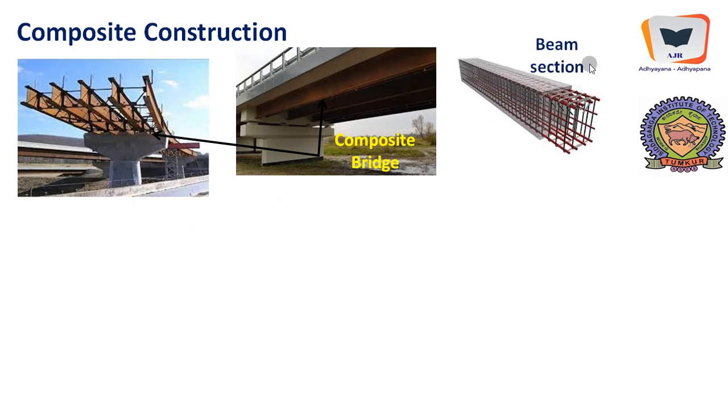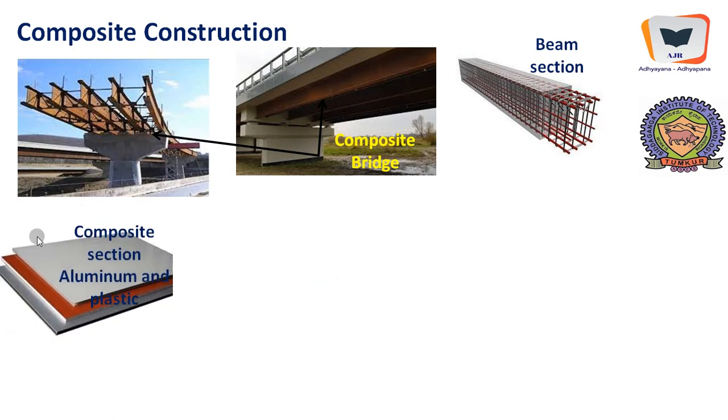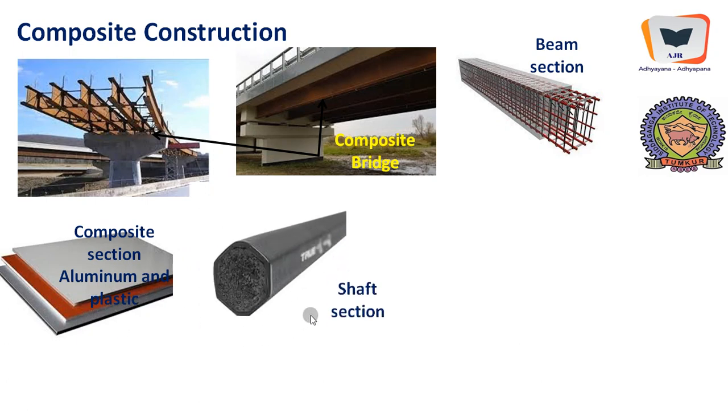And this is a very simple example of a composite section, and this is steel reinforcement which will be taking shear as well as the tension owing to bending, and the concrete portion will take a substantial portion of compression.